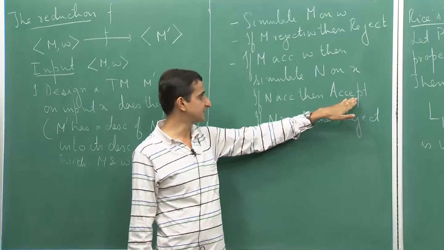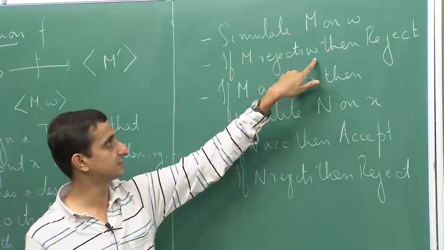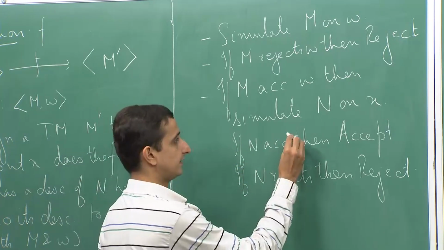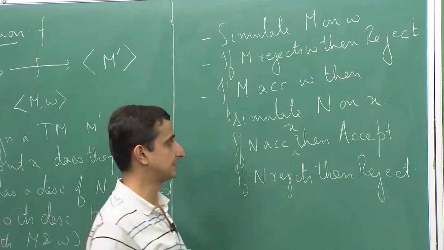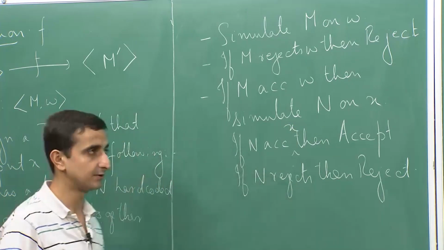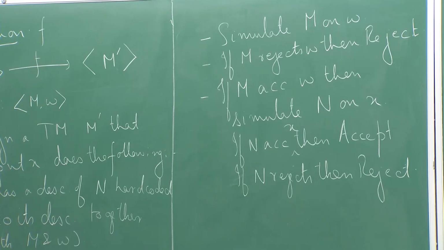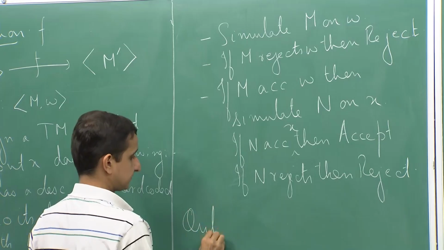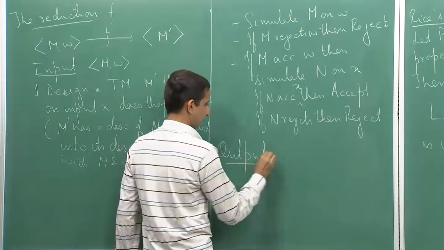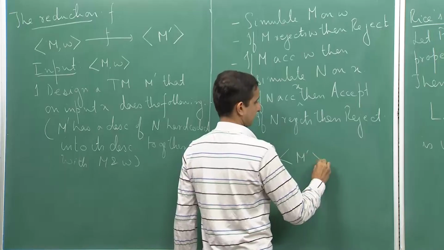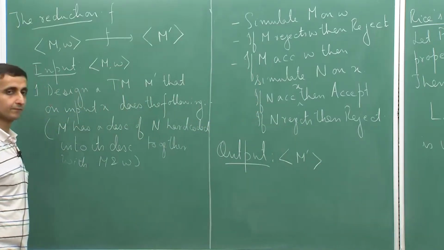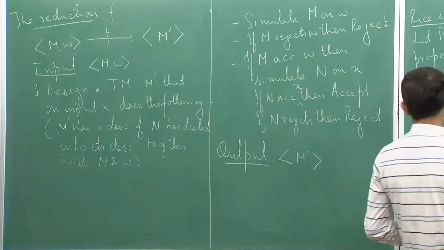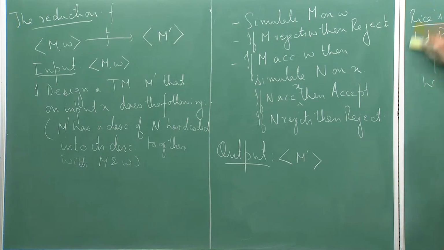The only time it accepts a string is if M accepts W and N accepts x. So, if N accepts x, then we accept. That is all. This is the description of the machine, and once we have this description, we just output the description of M prime.